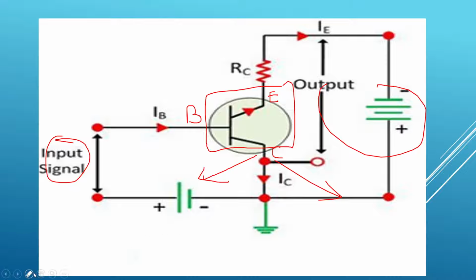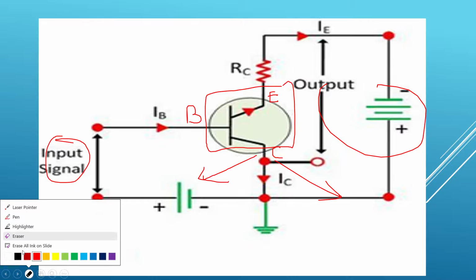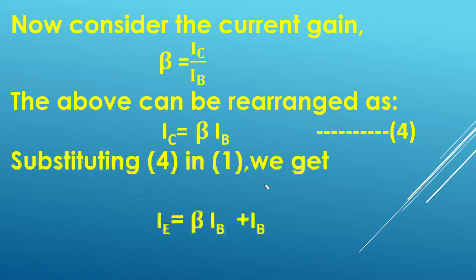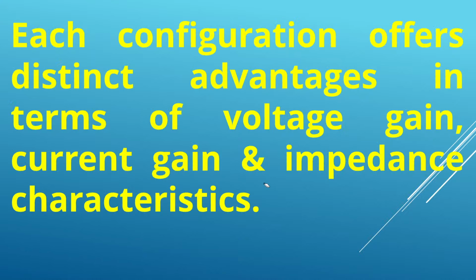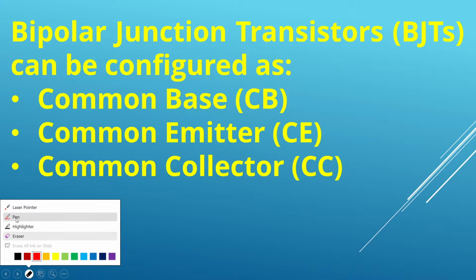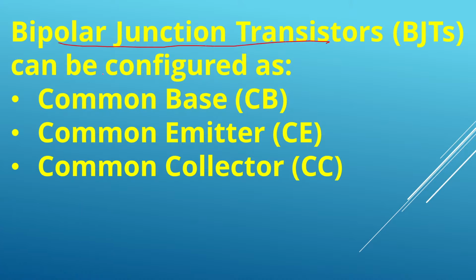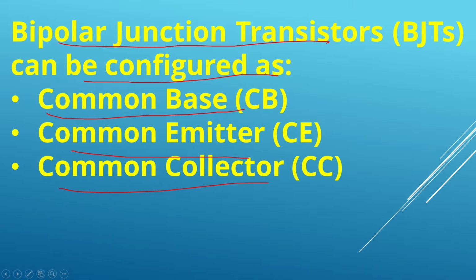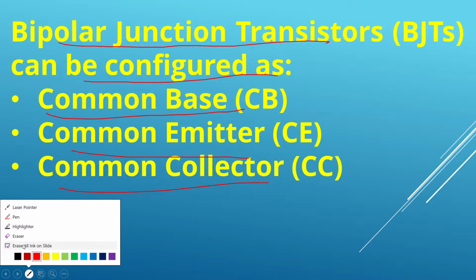BJT has three configurations, which I have written here. Bipolar junction transistor has three configurations: common base, common emitter and common collector. Common base configuration means the base is common to both input and output terminals.